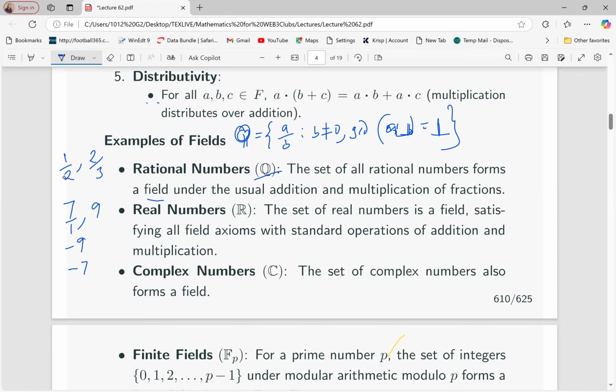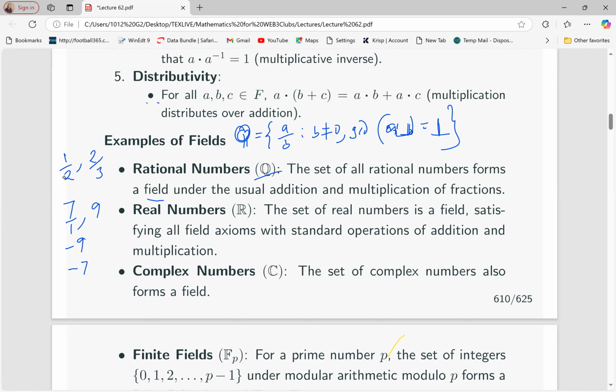So what I'm saying is, all the whole numbers you know are rational numbers, whether positive or negative. All whole numbers, negative or positive, are rational numbers. Even 0 is a rational number.